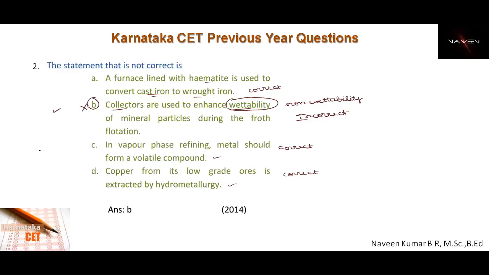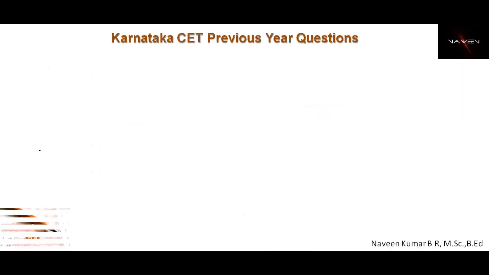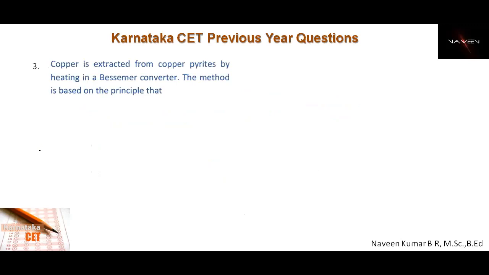So again, it was asked in the same year 2014. Now we'll move into the question from 2015. Copper is extracted from copper pyrites by heating in a Bessemer converter, that is the Bessemerization tower.